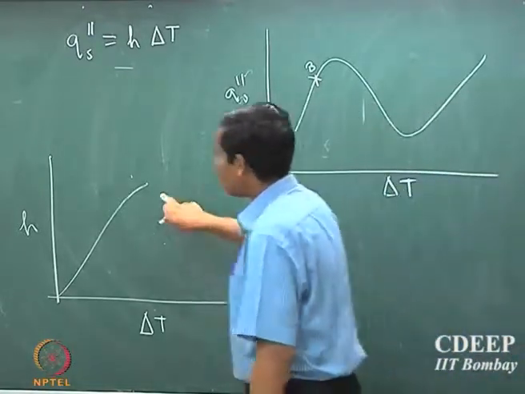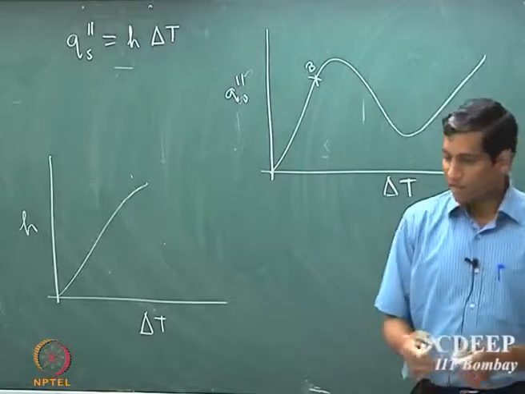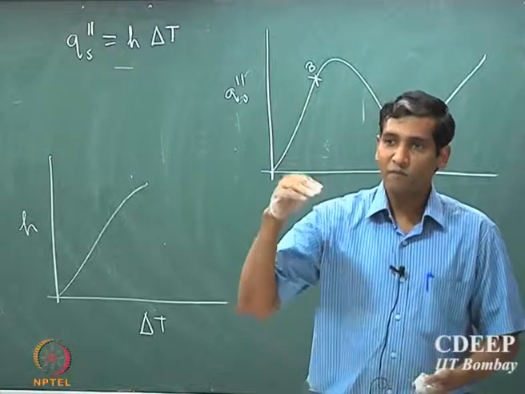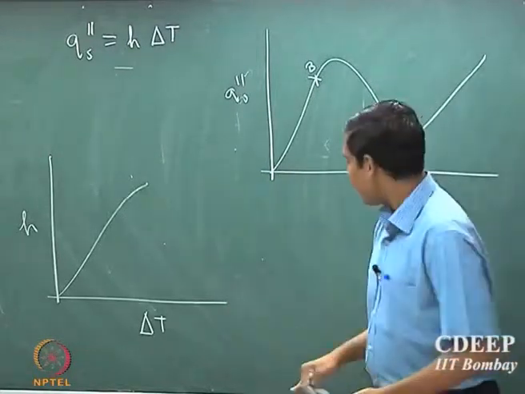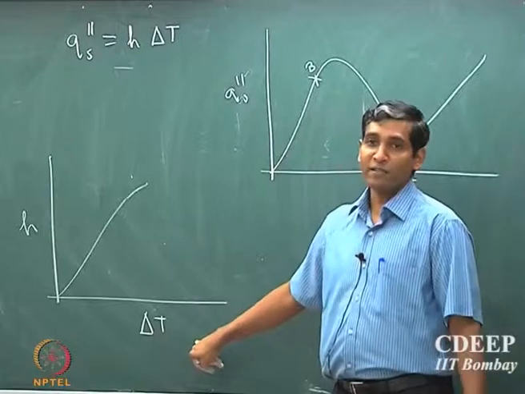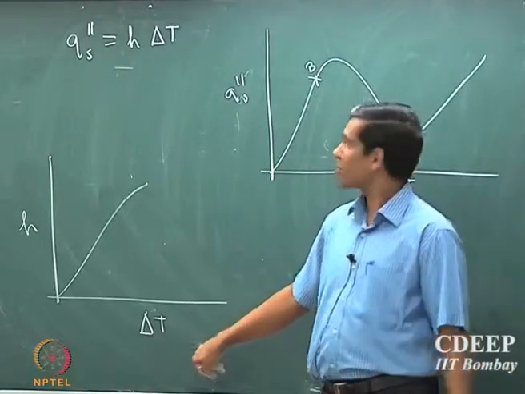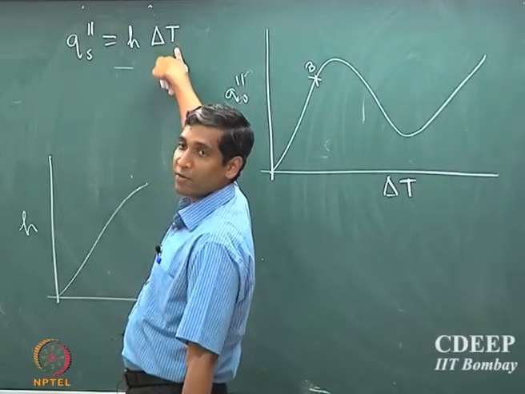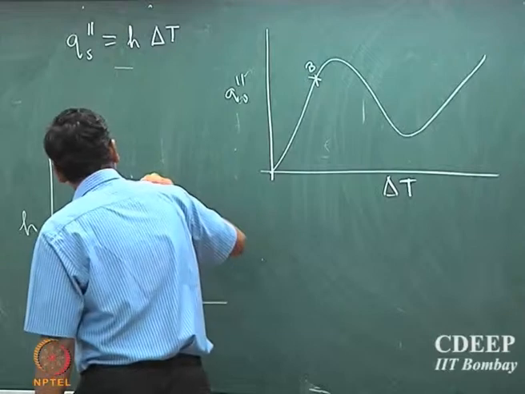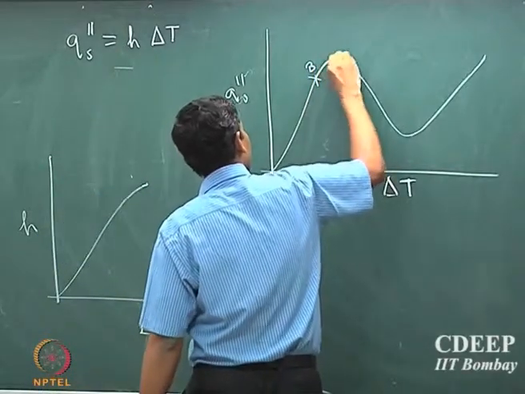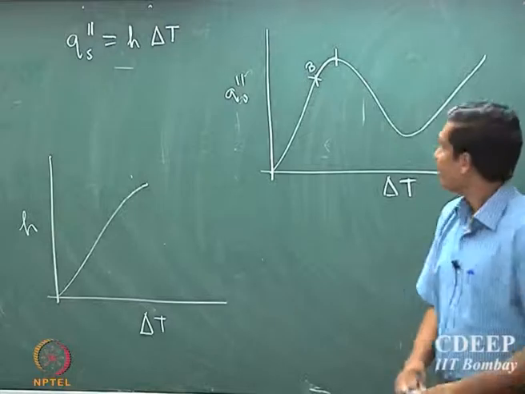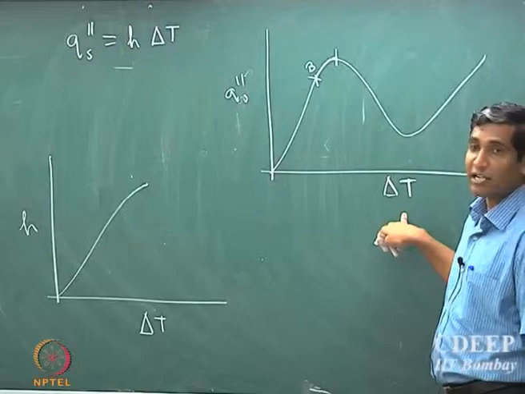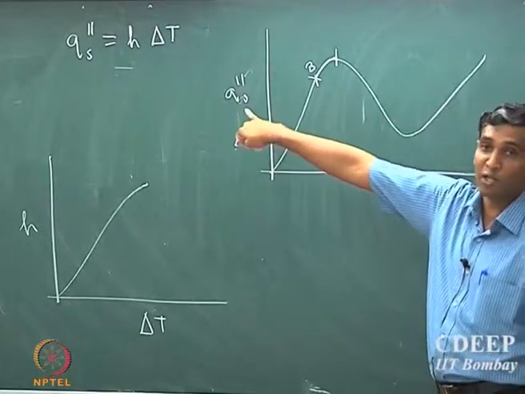But the moment it touches the inflection point, the offset in terms of the contact you have with the surface is significantly higher compared to the offset you get by increasing the delta T. Remember that Qs is a function of both the heat transport coefficient and the temperature difference. So if I increase the flux here, the increase in flux is because of the increase in delta T and not because of an increase in the heat transport coefficient.